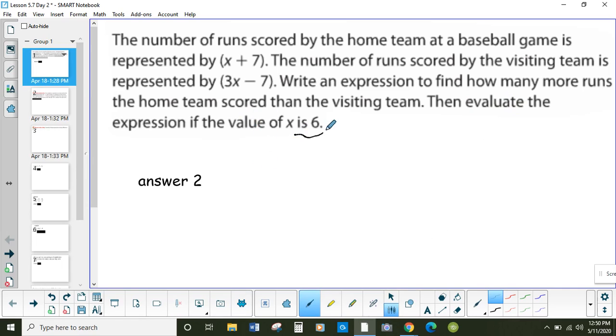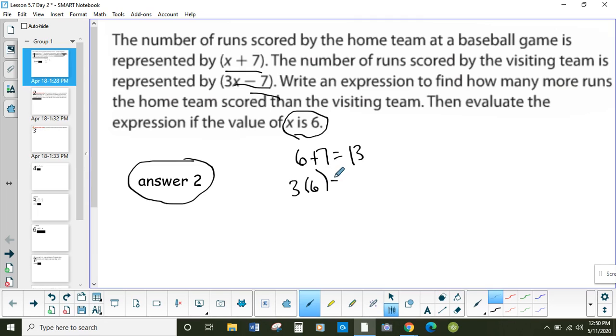So if x was 6, then remember it's not 2. 2 was the difference between those guys, okay? So if x was 6, then the home team scored 6 plus 7, right? I'm getting that from here, which is 13 runs. The visiting team scored 3 times 6 minus 7, which is 18 minus 7, which is 11.